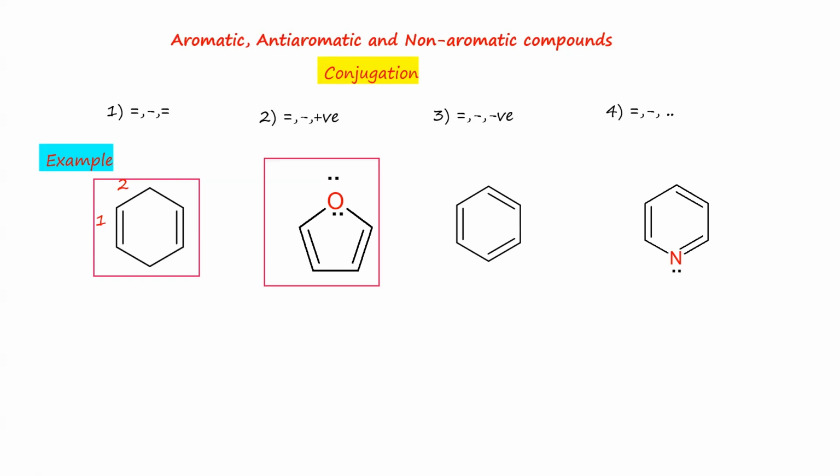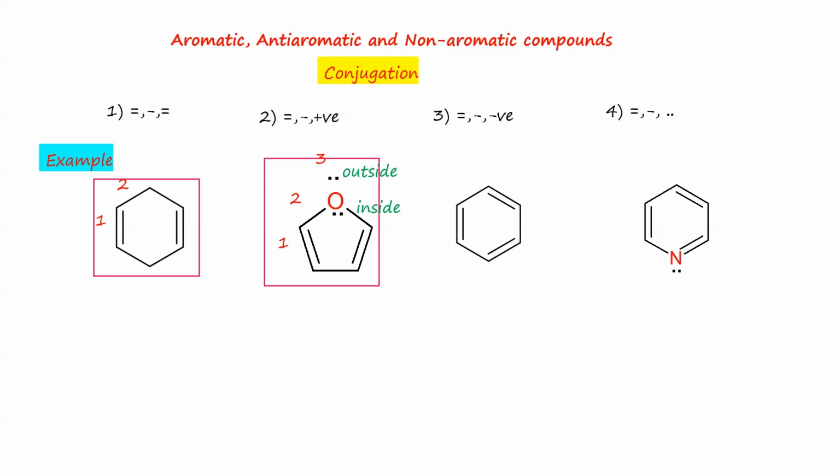Second, in this compound, there is double bond, then single bond, and oxygen has two lone pairs. One is outside the ring and second inside the ring.